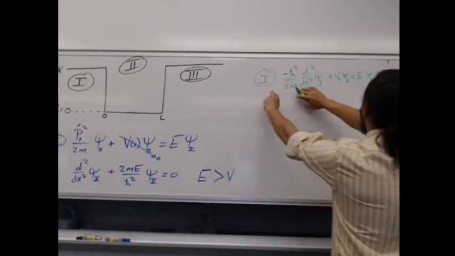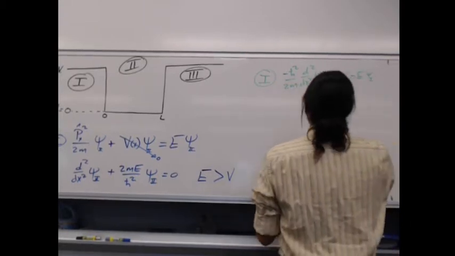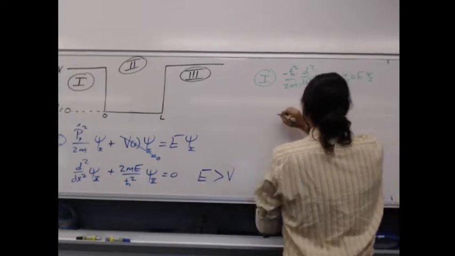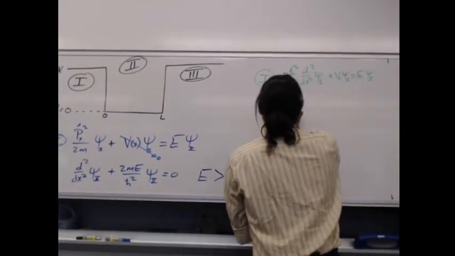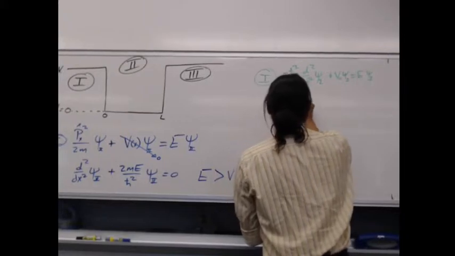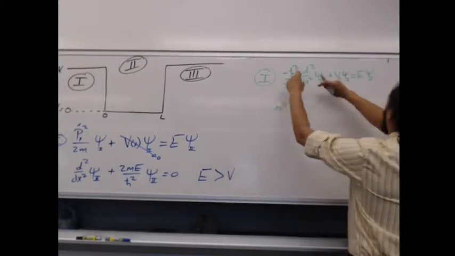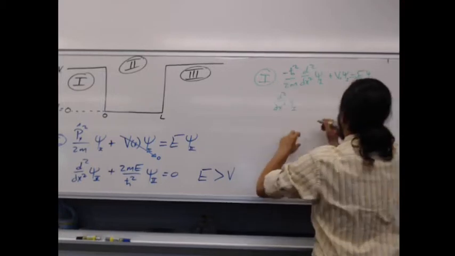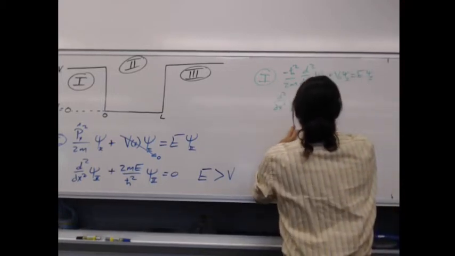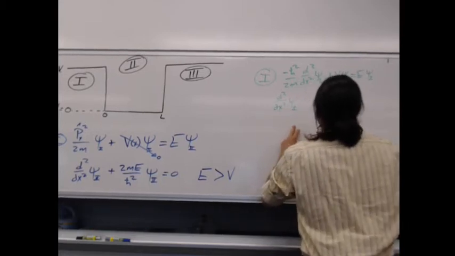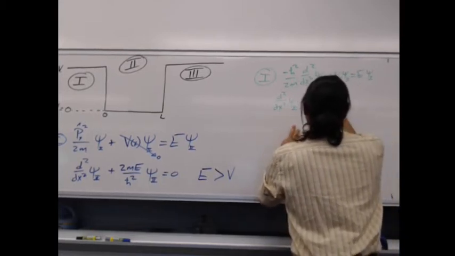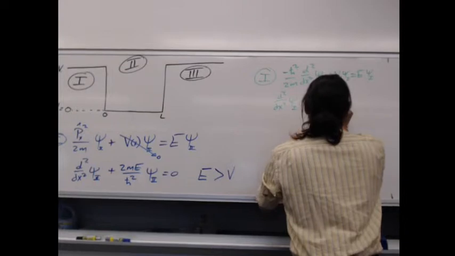I'm going to have to multiply through and subtract the E over. So I'm going to get my d by dx squared on psi 1. I'm going to multiply by 2. Here's what I'm going to do to try and make this a little bit easier. Negative 2m over h bar squared.